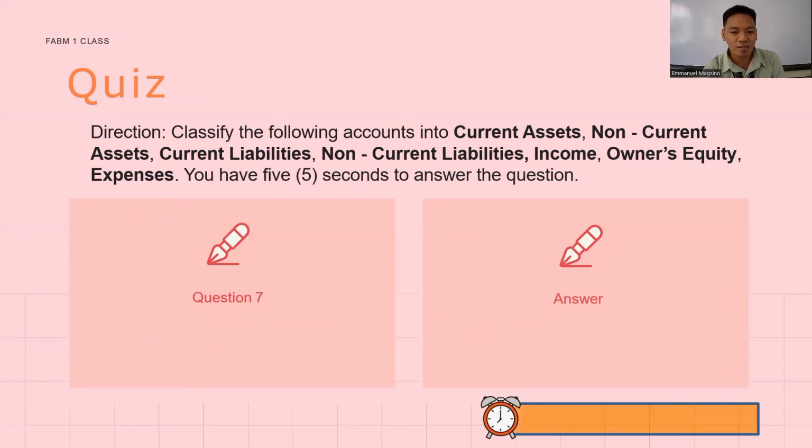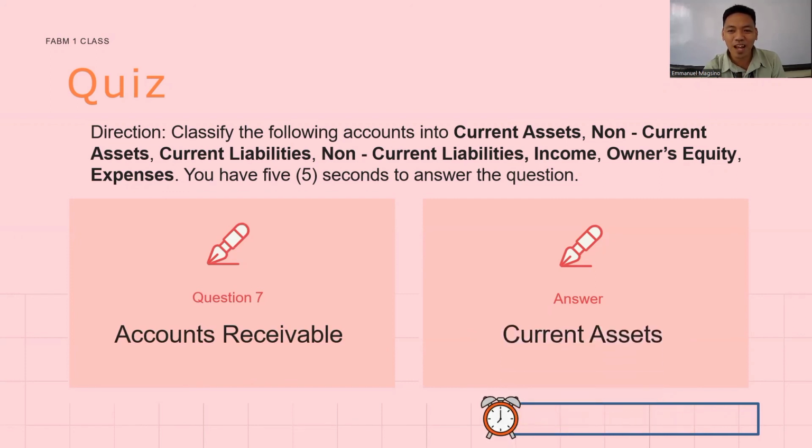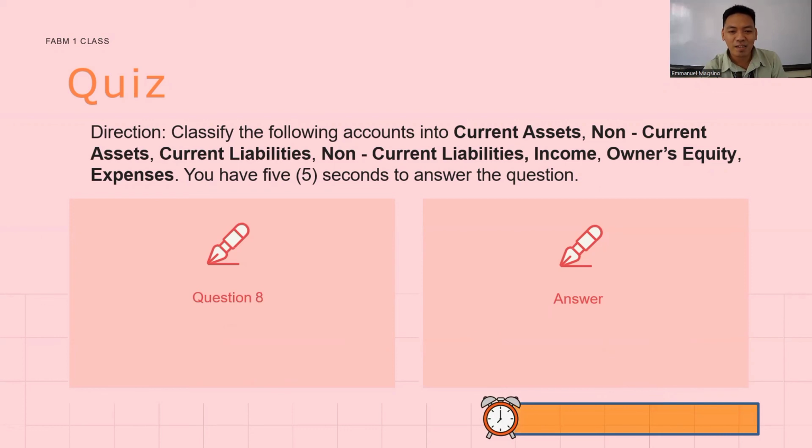Next, accounts receivable. Okay, thumbs up. Correct answer for that, current assets. Interest income. Okay, thumbs up. Correct answer, income.